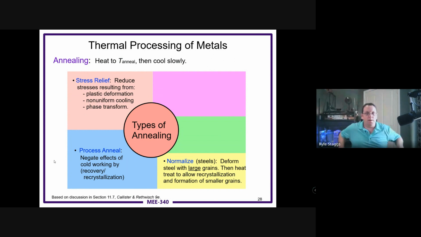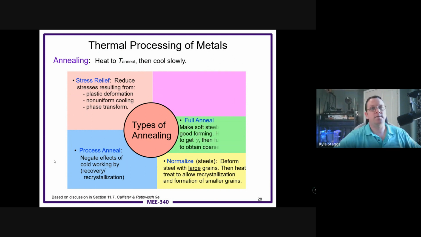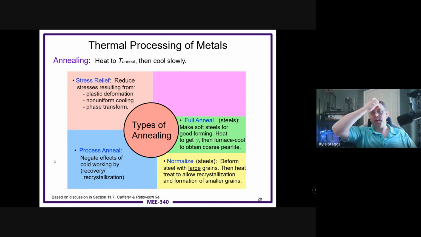So normalization is a very common process and very necessary for a lot of steel applications, especially because anytime you undergo some kind of process operation, you change something about the properties of the steel, and you change how it's going to behave. So a lot of factors to take into consideration when you go to do something.